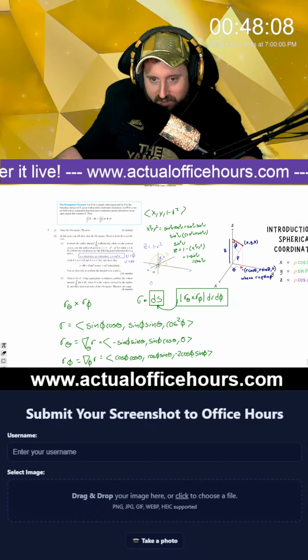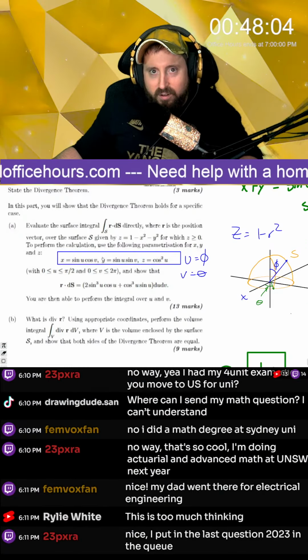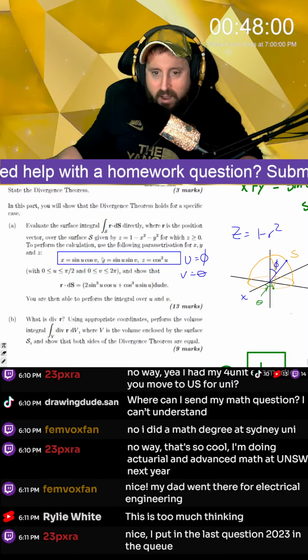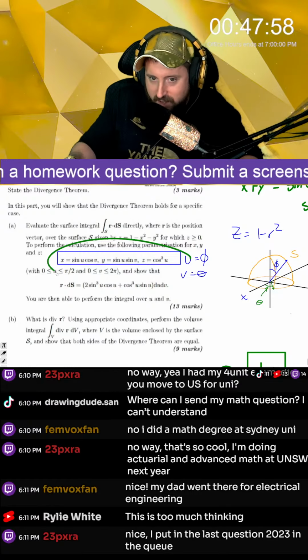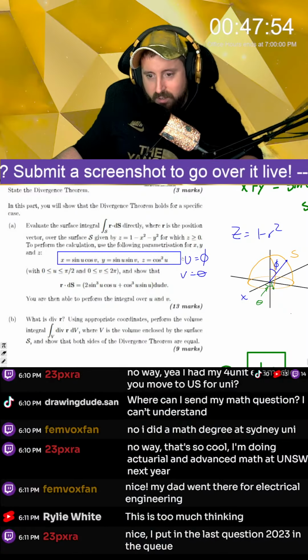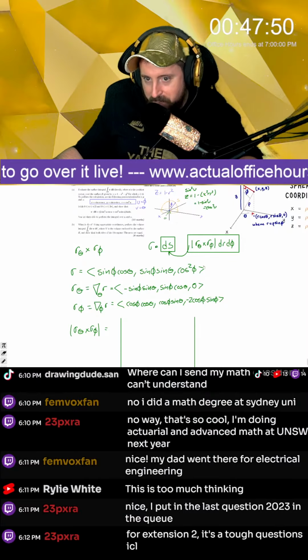Okay, ladies and gents, I think I got it. Okay, so R is defined as this: sine U cosine V, sine U sine V, cosine squared U. I put things as phi's and thetas because it makes more sense to me.